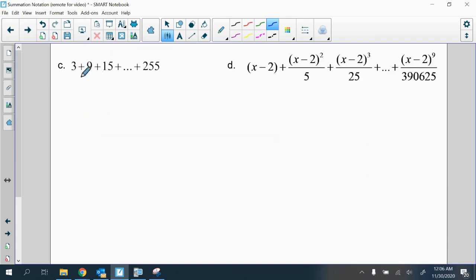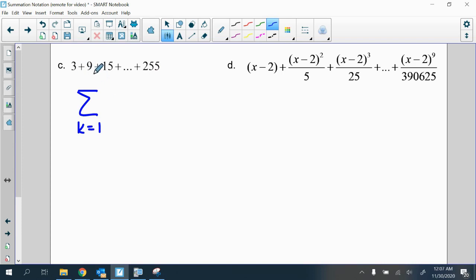So now this one, this is a lot of work, it seems. So 3 plus 9 plus 15 plus all the way to 255. So the sum from k equals, let's say 1 until some number up here, what I need to do is figure out what's actually happening.